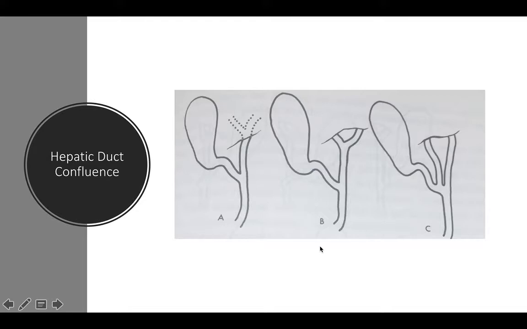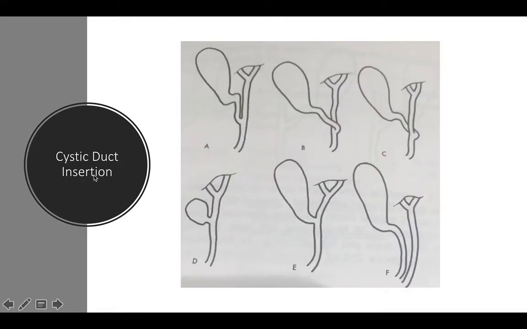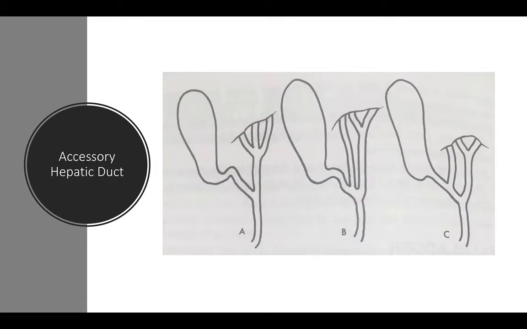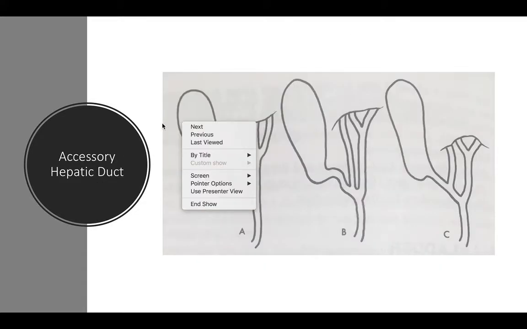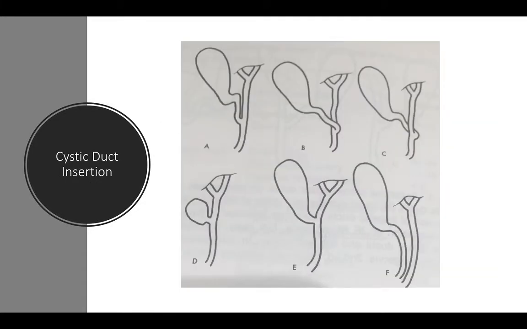The second one out of the three variations that I'm going to be talking about is the insertion of the cystic duct. And I've got some of the more common ones here. Essentially, they are kind of divided into ones which run parallel. Sorry, I'll go back here. So there are ones which run parallel.